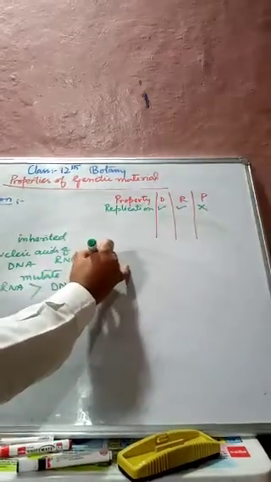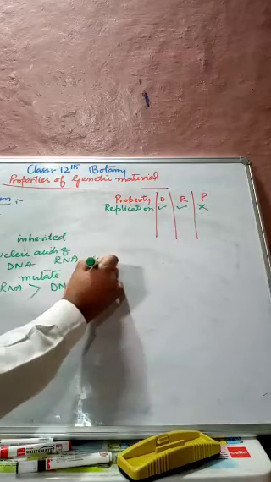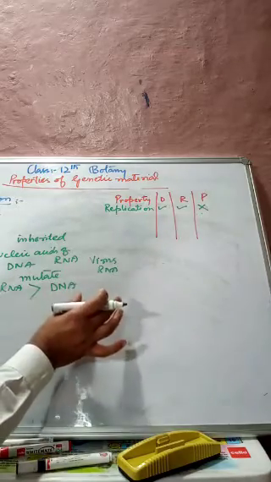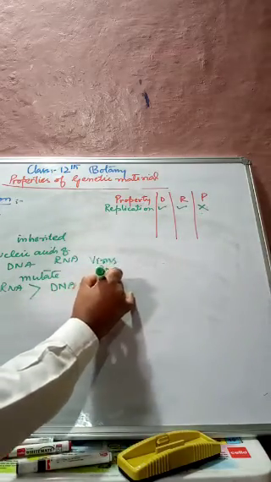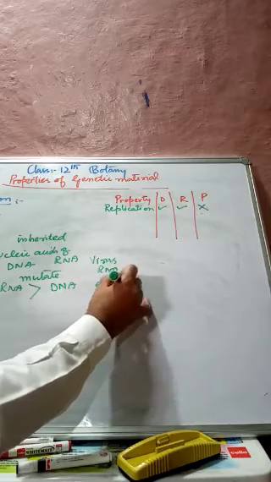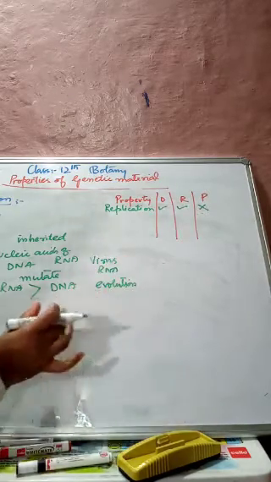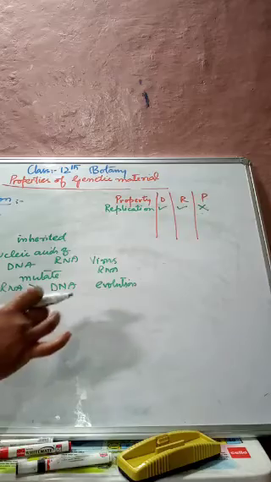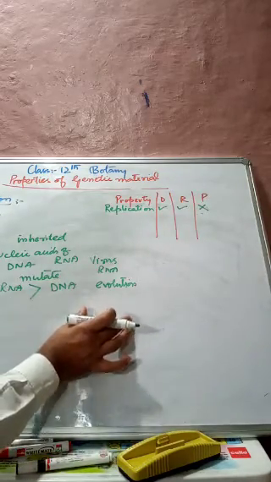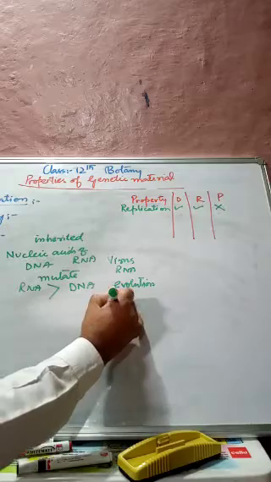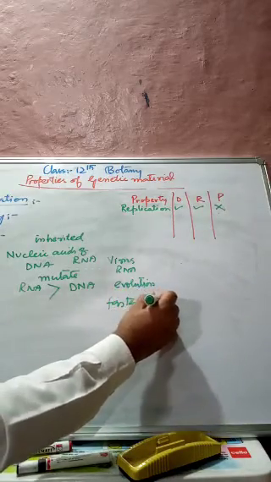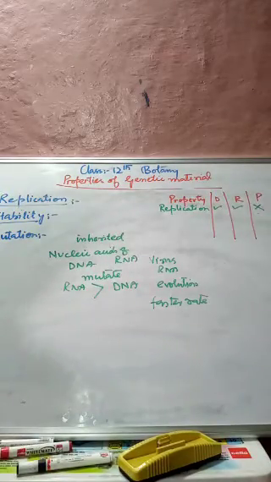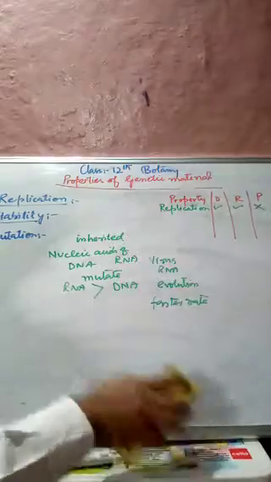Now we have certain organisms like the viruses which have RNA. Viruses show mutation, and this mutation leads to evolution. When these viruses mutate, they undergo evolution at a faster rate, and thus they have a shorter lifespan.